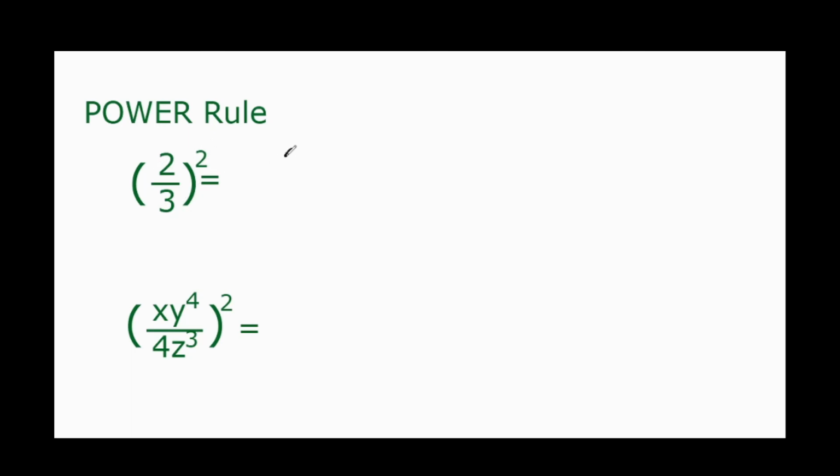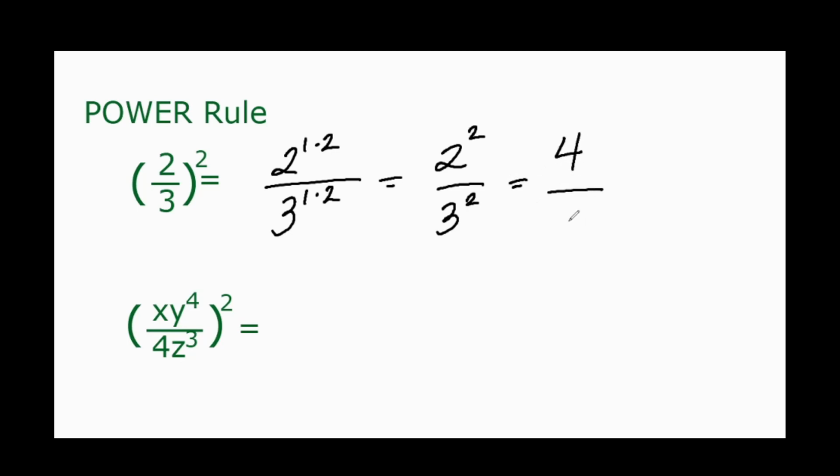So we have here 2 raised to 1 times 2 over 3 raised to 1 times 2 as well. And that will give us 2 squared over 3 squared. Since both of them are whole numbers with exponents, we can still simplify them. That will give us 2 squared, which is equivalent to 4, and 3 squared, which is equivalent to 9. And that's it.